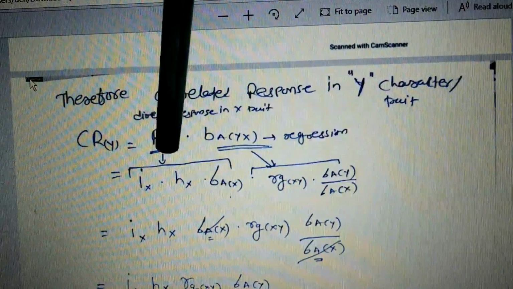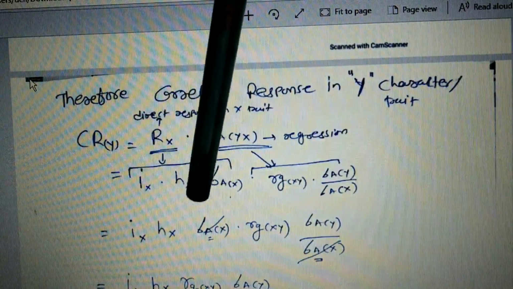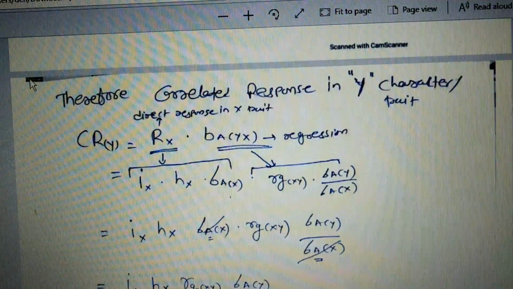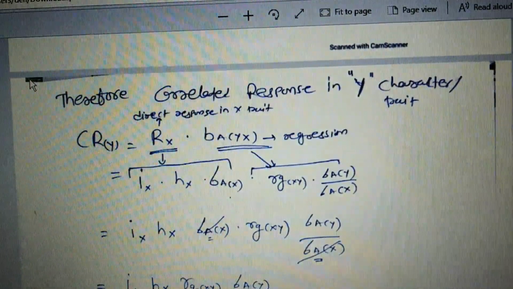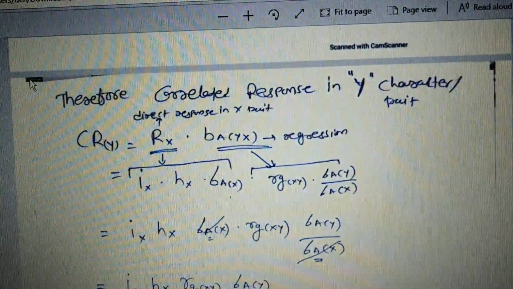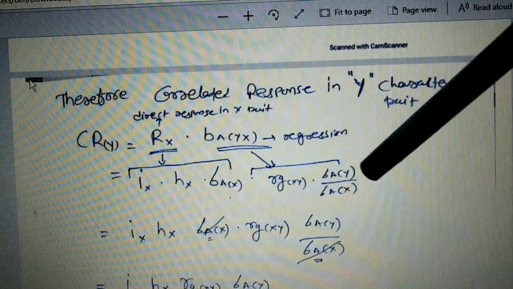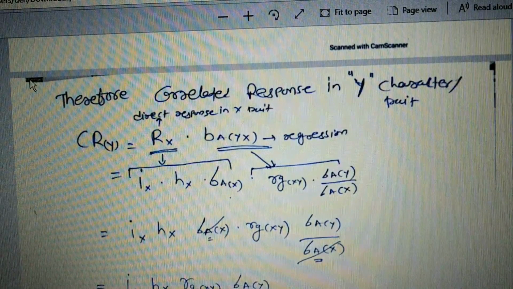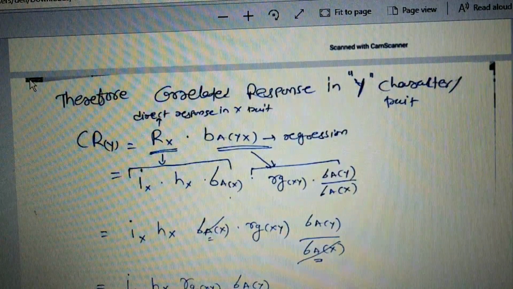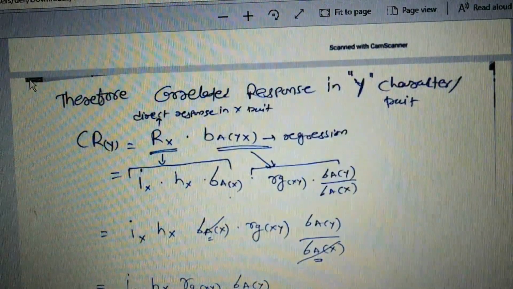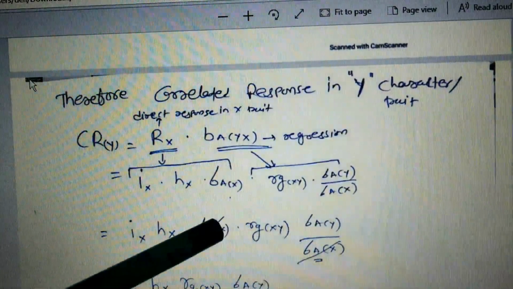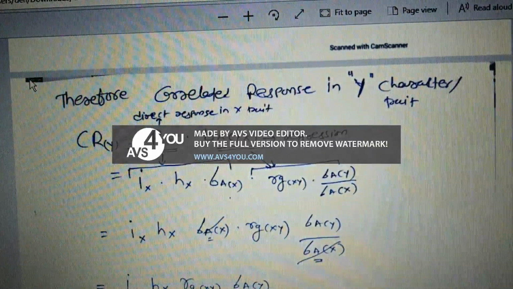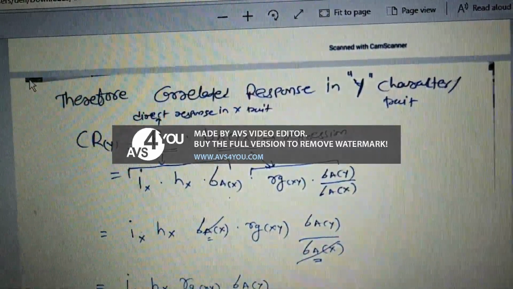As we derived, Rx is equal to Ix, hx and the deviation of the breeding value for X, and the regression of the breeding value for the Y trait on the X trait is rg xy into the deviation of the breeding value for Y divided by the deviation of the breeding value for X. Now we can simplify the whole formula. Here we can remove this, so we get Ix, hx, genetic correlation and the deviation in the breeding value for the Y trait.